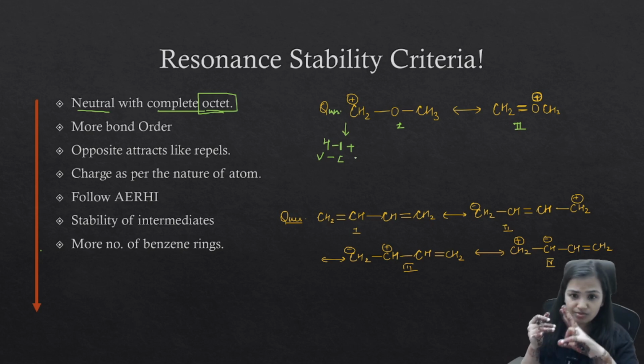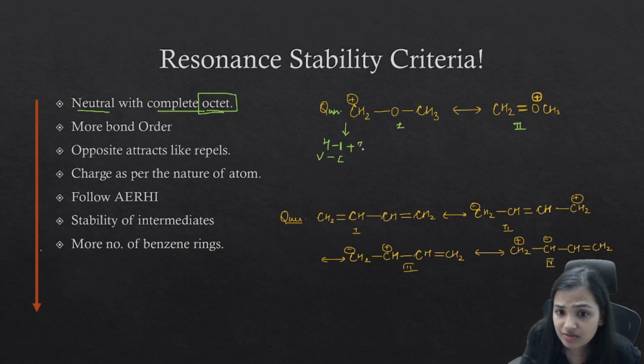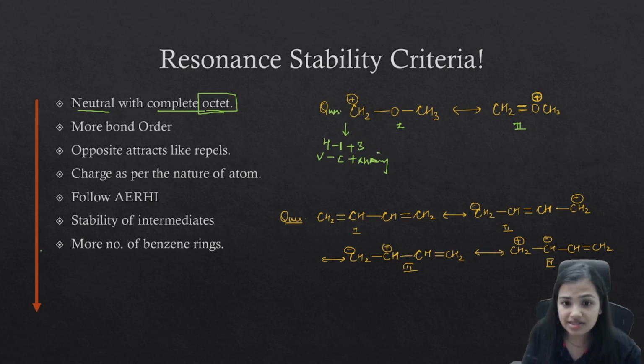Carbon is forming 2 bonds with hydrogen and 1 with oxygen, so ultimately it gets 3 electrons from sharing. 4 minus 1 is 3, plus 3 means this is a 6 electron species. As we already know, every carbocation is a 6 electron species.